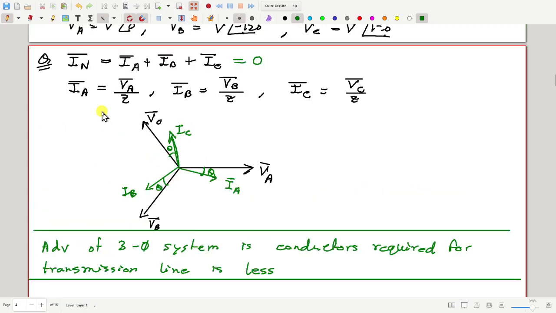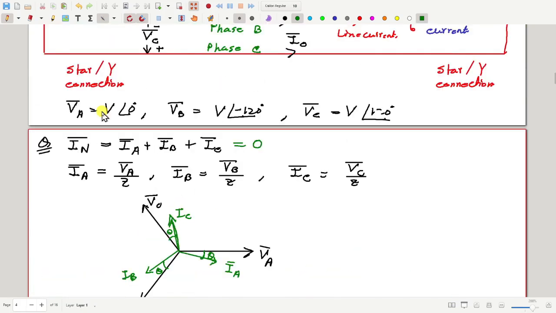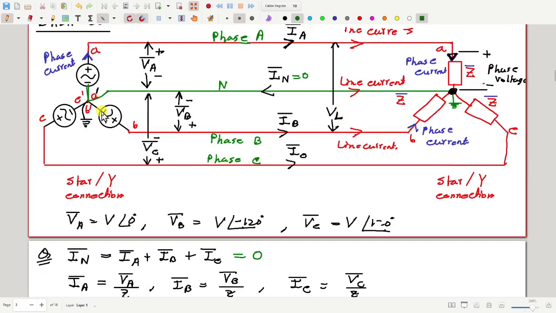Sir, but then KCL would not be... No, KCL is always true. Definitely if the neutral line is not there, then your IA plus IB plus IC must be equal to 0. That will happen. Then IA, IB and IC will not be of equal magnitude, that's true, if ZA, ZB, ZC are not equal.